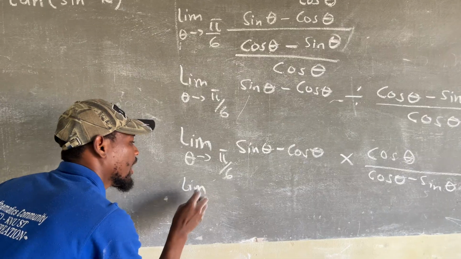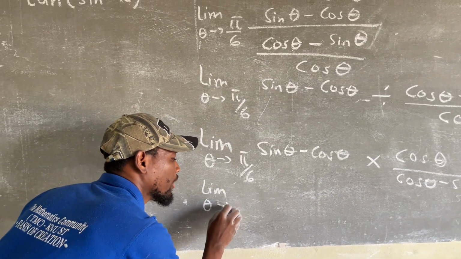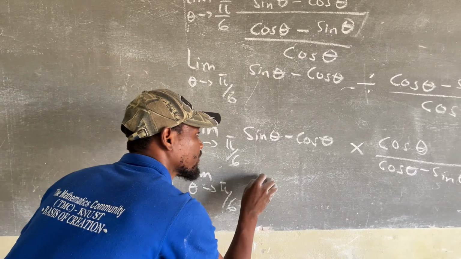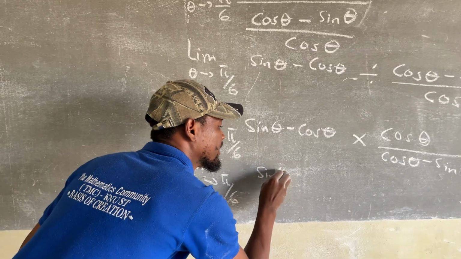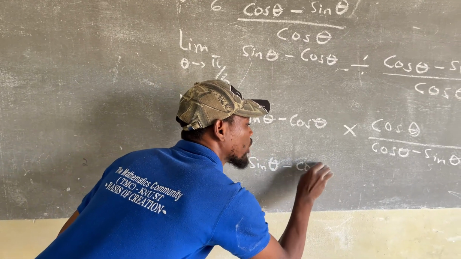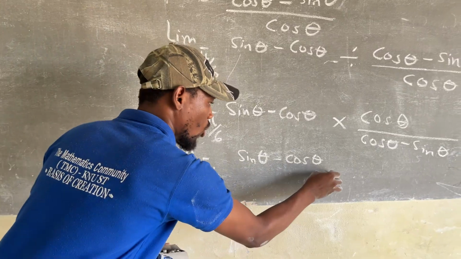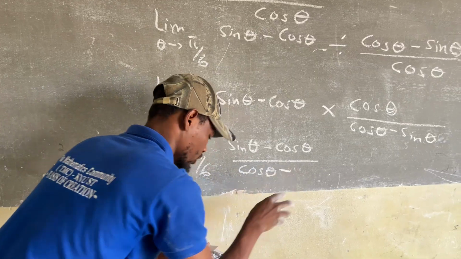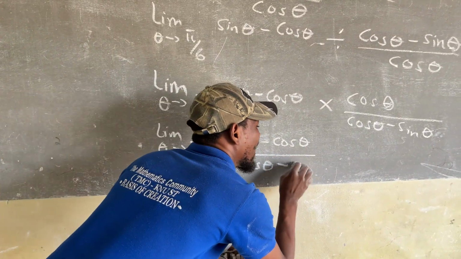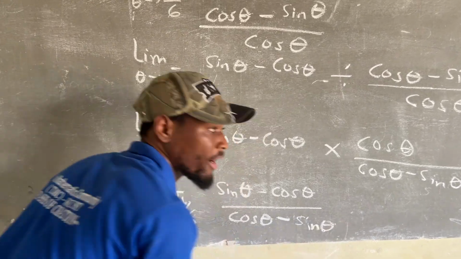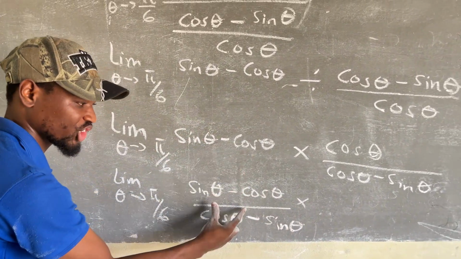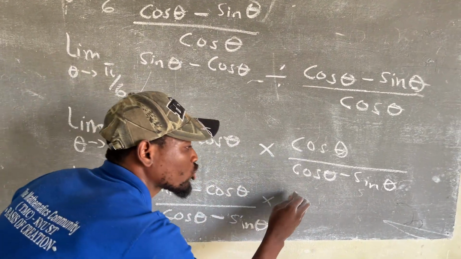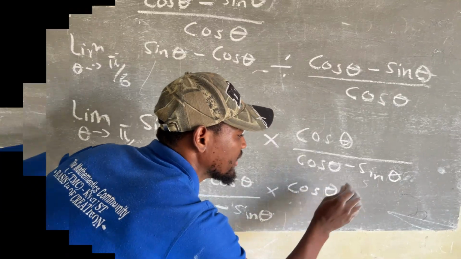Okay, so viewers, now we'll be having the limit as theta approaches pi on 6 of sine theta minus cos theta, then over cos theta minus sine theta, then times cos theta.